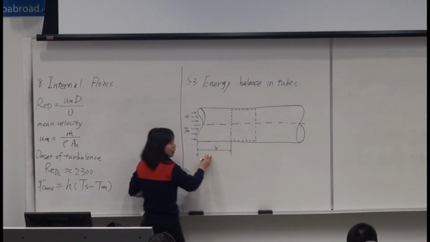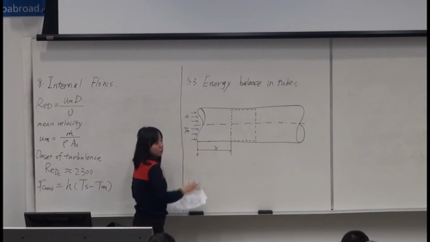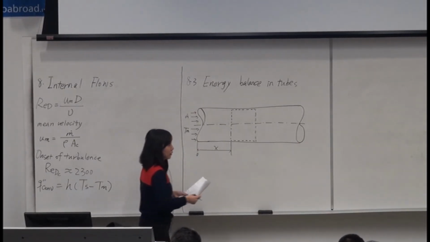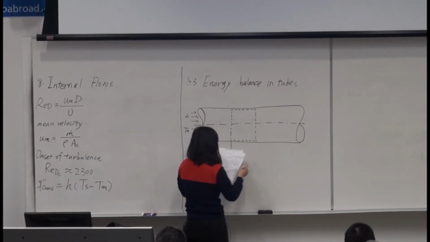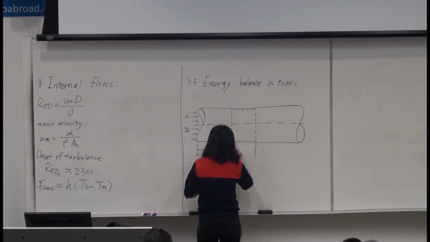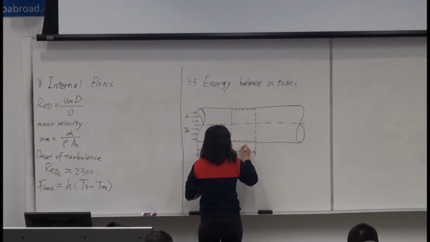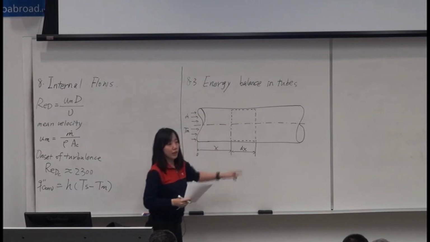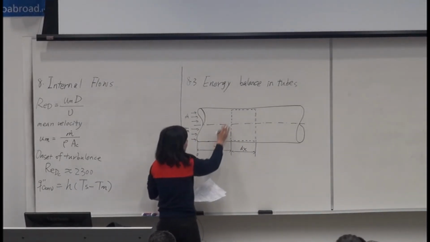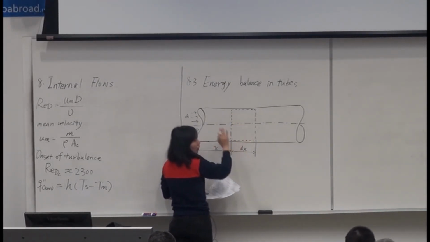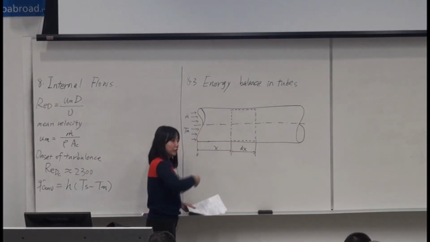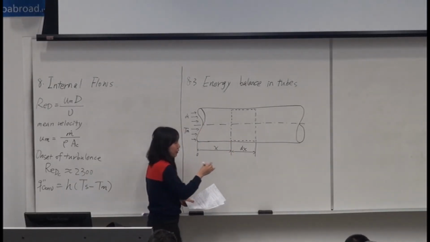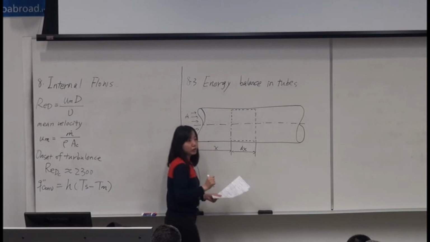The distance from the inlet is x, and the element itself has a dimension of dx. Then we pick a differential control volume of the entire cross-sectional area, but at the length of dx.